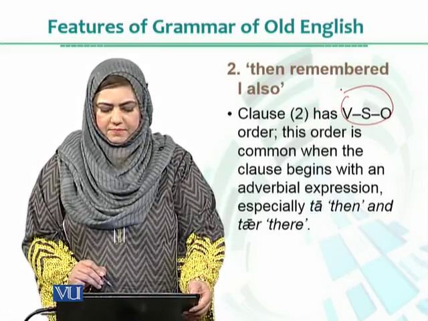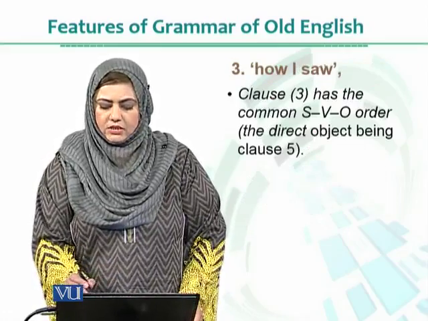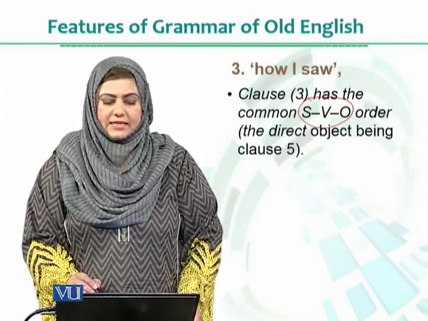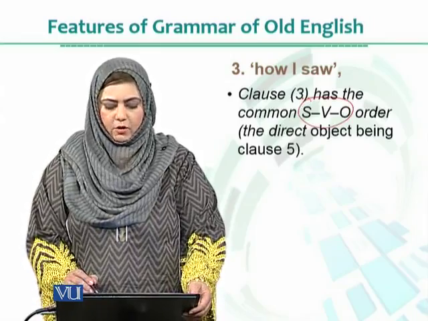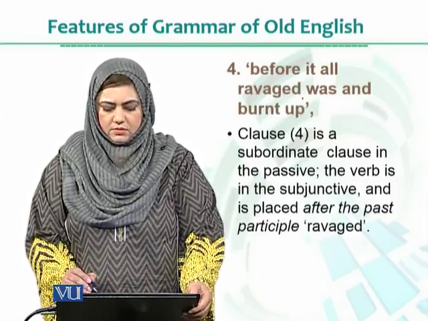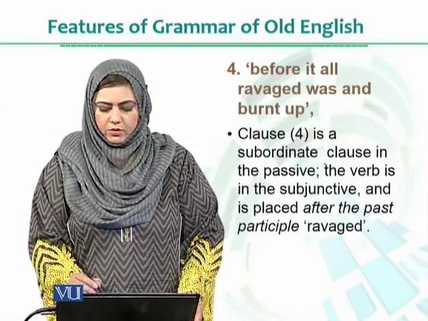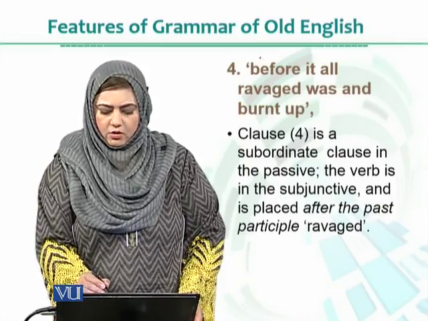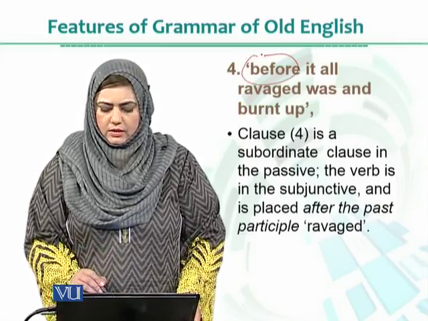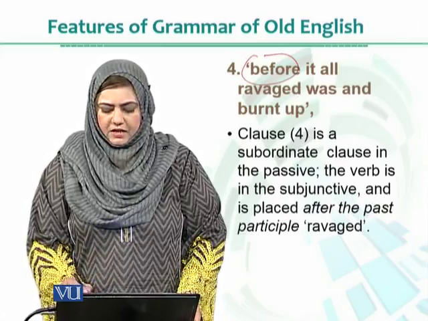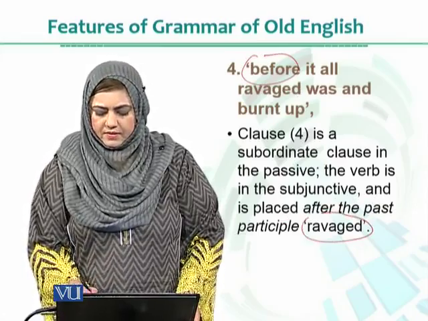The third clause, how I saw, shows the third option, SVO, subject, verb and object order. In the fourth clause, again, this is a subordinate clause because it starts with before, and the verb is in the subjunctive and is placed after the past participle, ravaged.